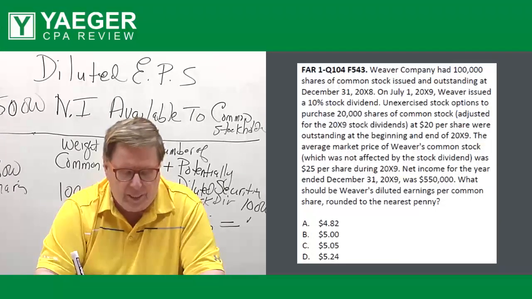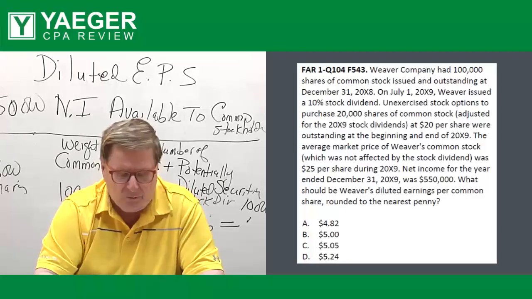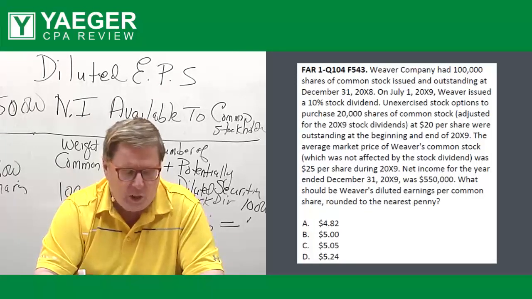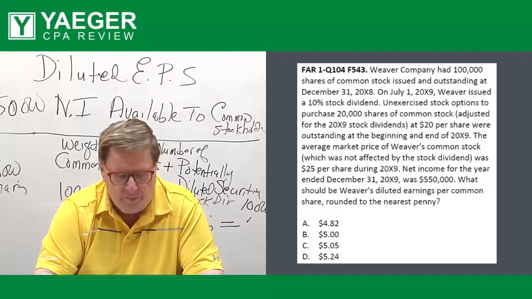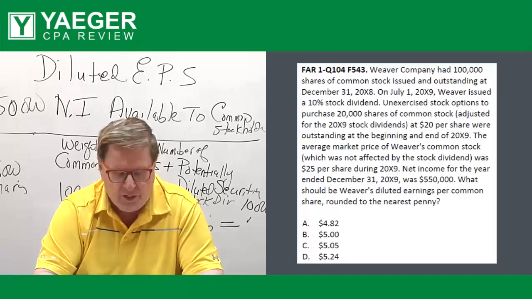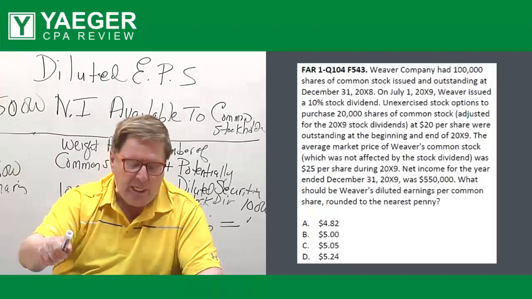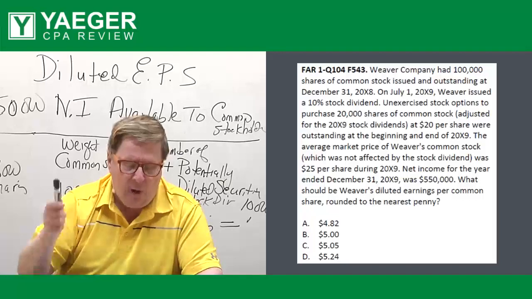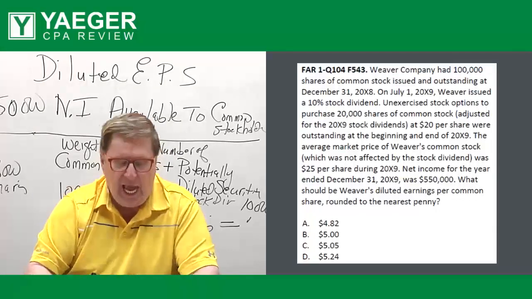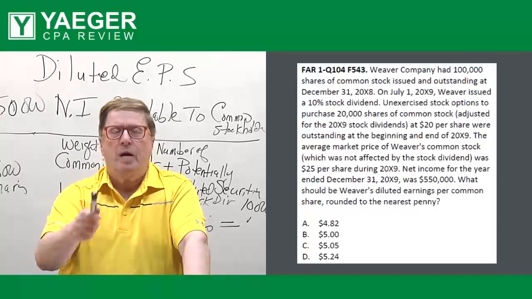They were outstanding at the beginning and the end of 20x9. The average market price of Weaver's common stock, which was not affected by the stock dividend, was $25 per share during 20x9. Net income for the year ended December 31st, 20x9 was $550,000. What should Weaver calculate for diluted earnings per share, rounded to the nearest penny, at December 31st, 20x9?